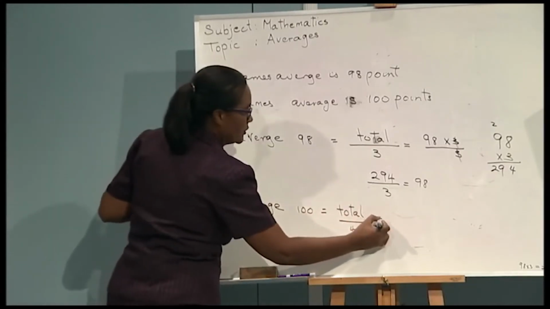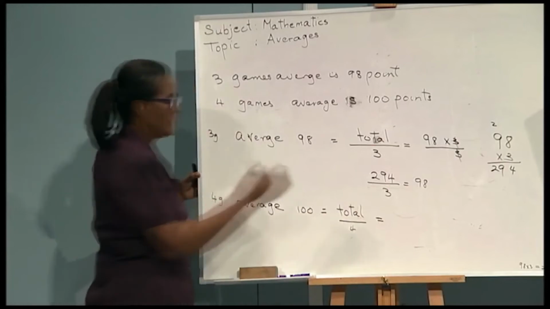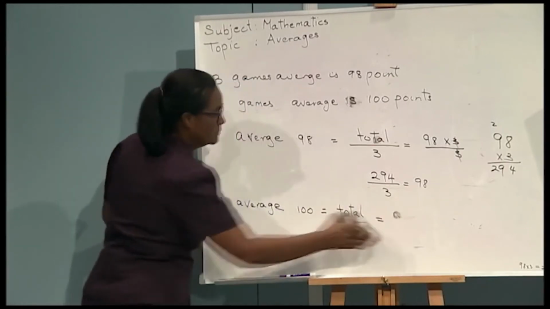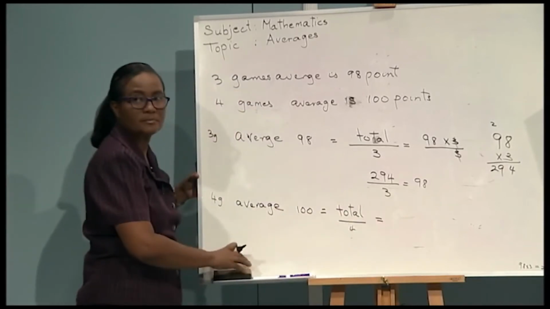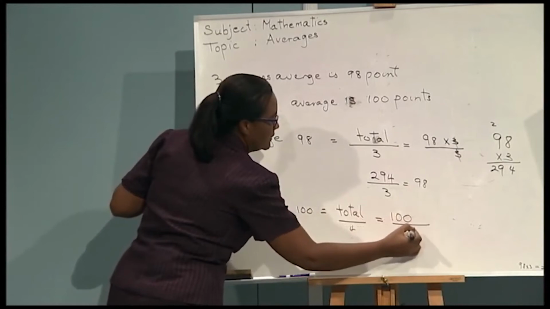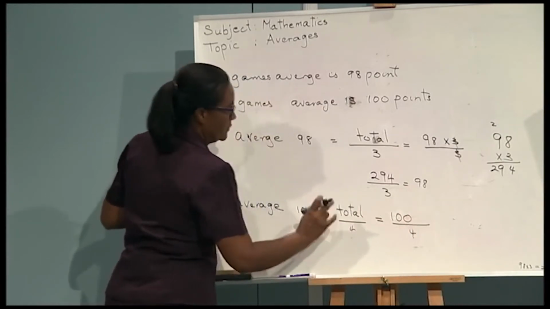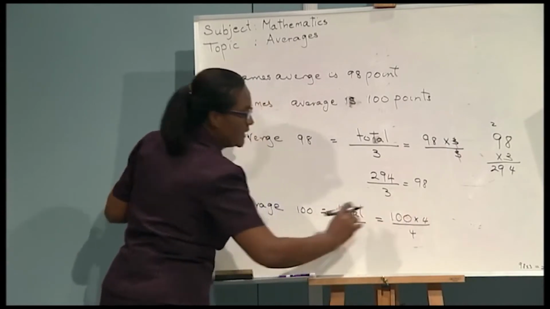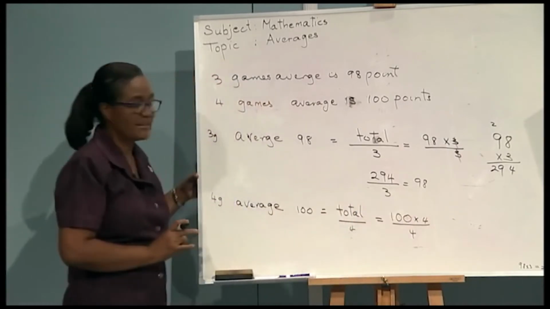So how could we determine the total? The total would have been the average, which is now 100. Let me clean that up. 100 dividing by 4 would give me what I need, but I would have had 4 times that so that I could cancel to get my value.